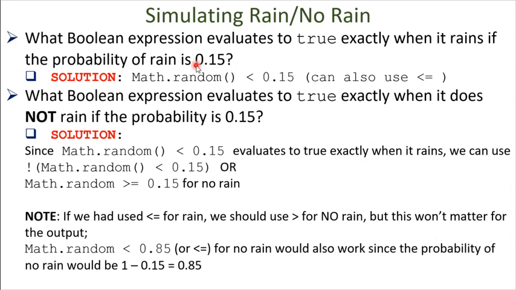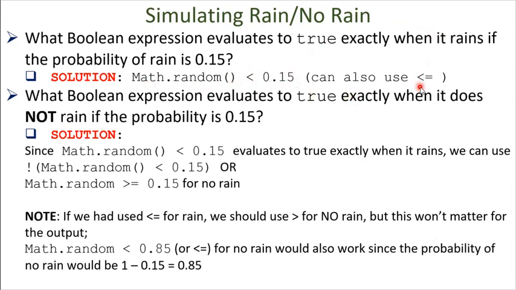So here, if we're actually trying to simulate rain to see if it rains or doesn't rain, remember that if you ask if math.random is less than 0.15, that means it has to be between 0 and 0.15, which is going to happen about 15% of the time, 0.15, because math.random produces a number between 0 and 1. So this will give you your answer right here. So it's pretty simple like this.